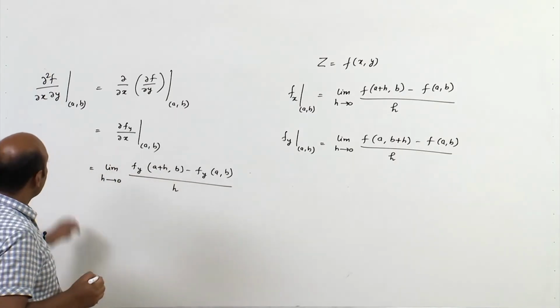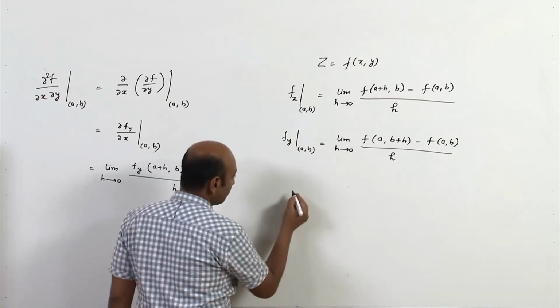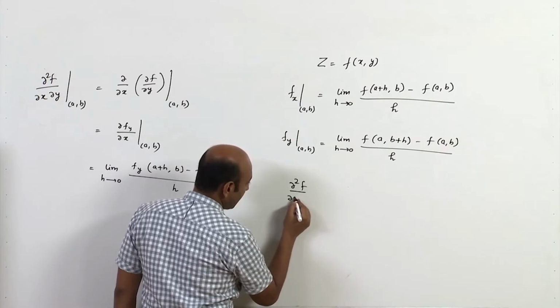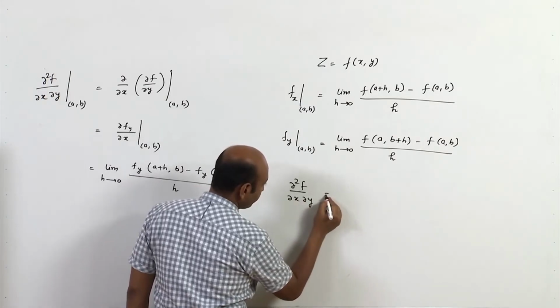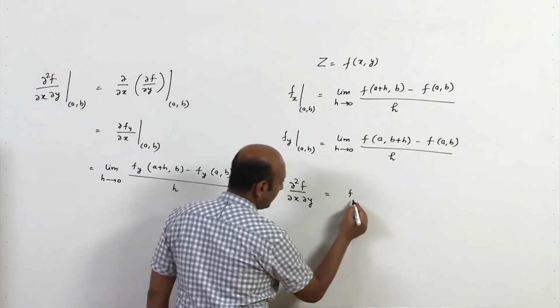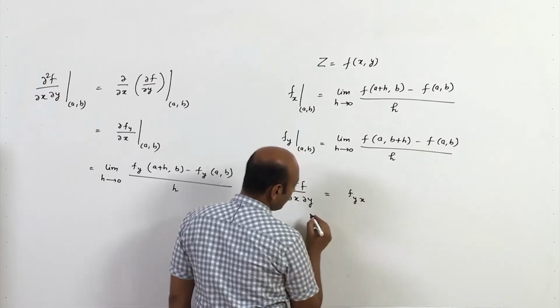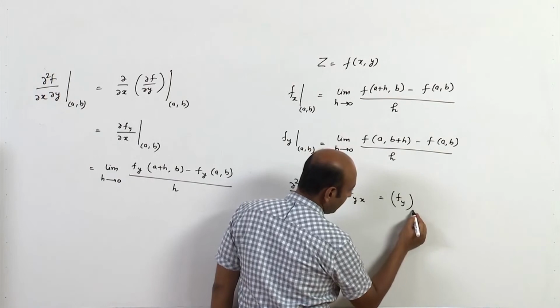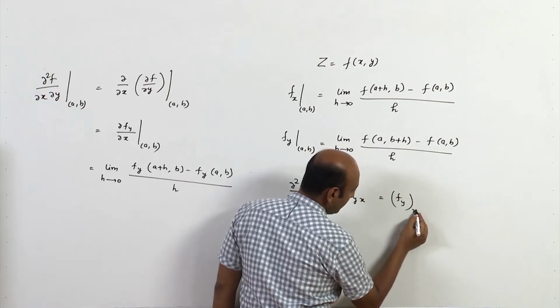Now, this mixed second order partial derivative can also be represented as f_yx, because it is f_y with respect to x.